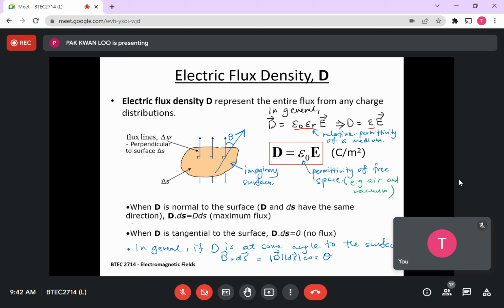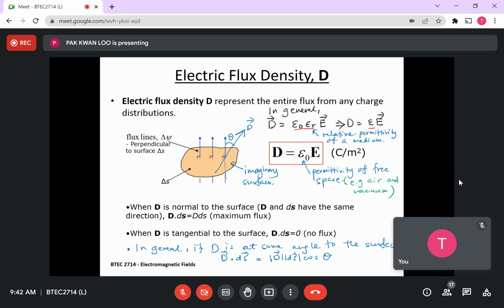So what is the effective electric flux density through the surface? We have to apply the dot product. Let's say this is the projection of D onto the direction that is perpendicular to the surface. Sometimes we call that the effective electric flux density through the surface.